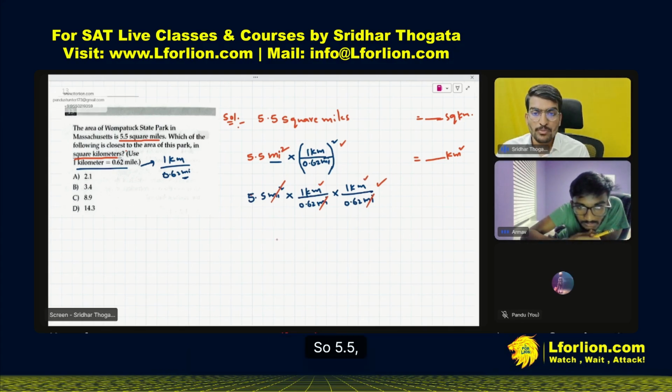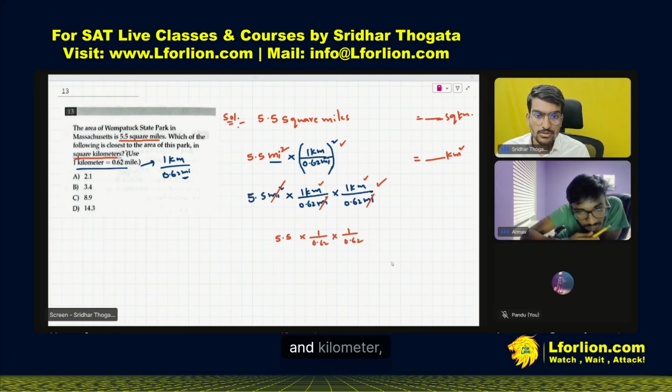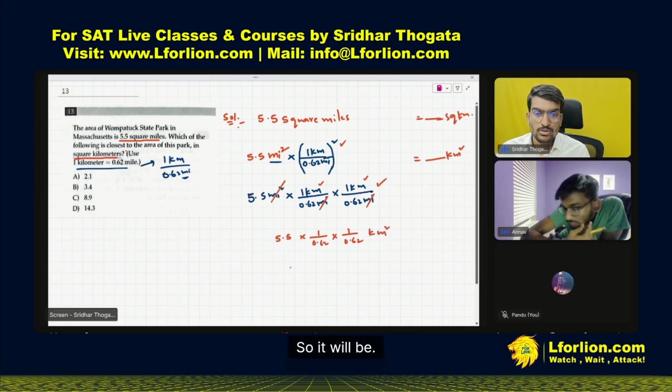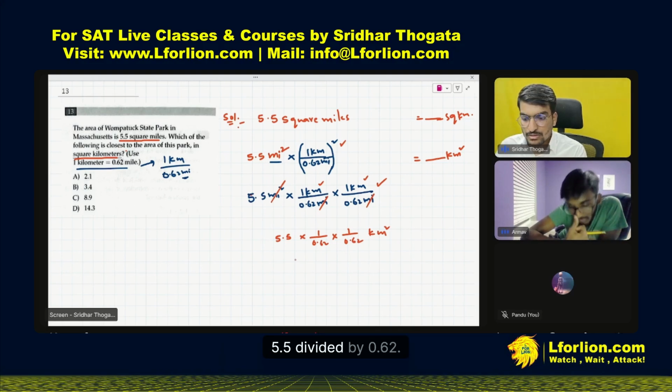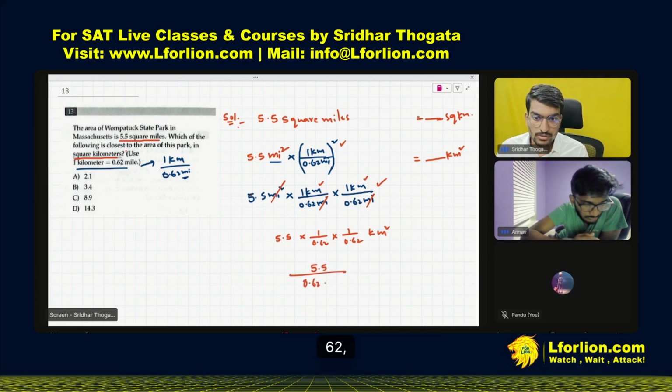So 5.5 multiplied by 1 by 0.62 multiplied by 1 by 0.62, and kilometer square. Just do the multiplication part: 5.5 divided by 0.62 twice.